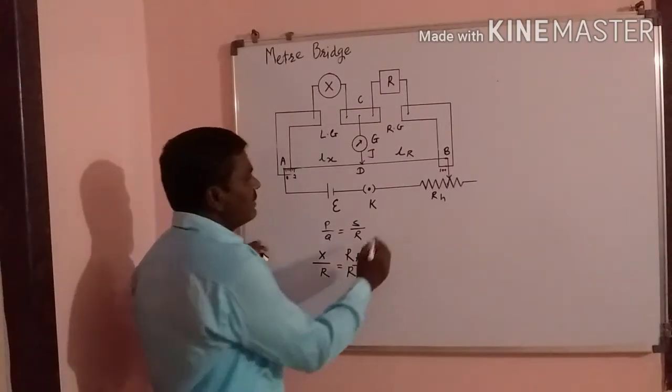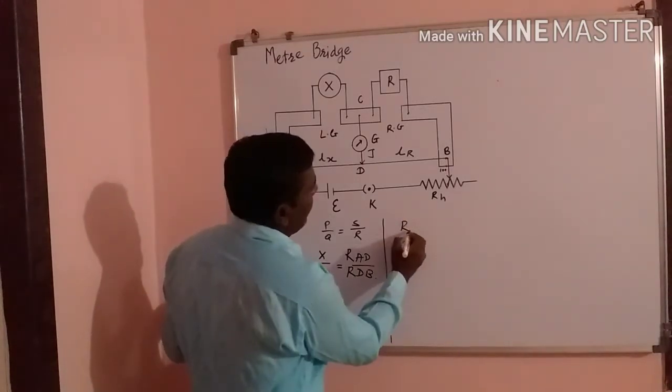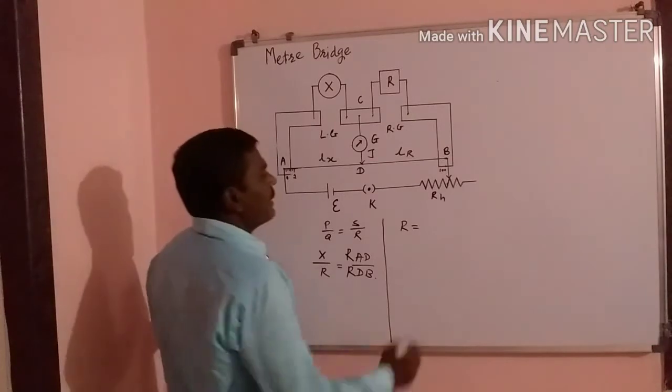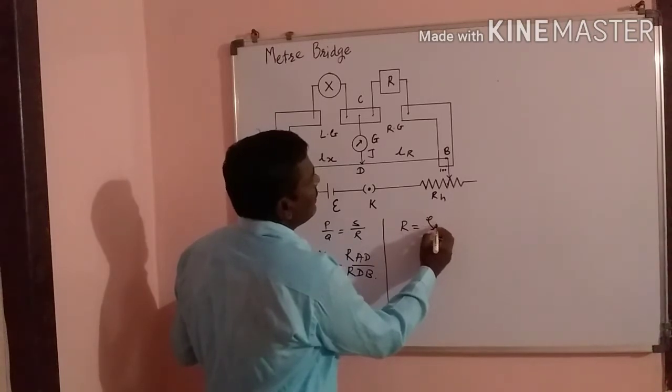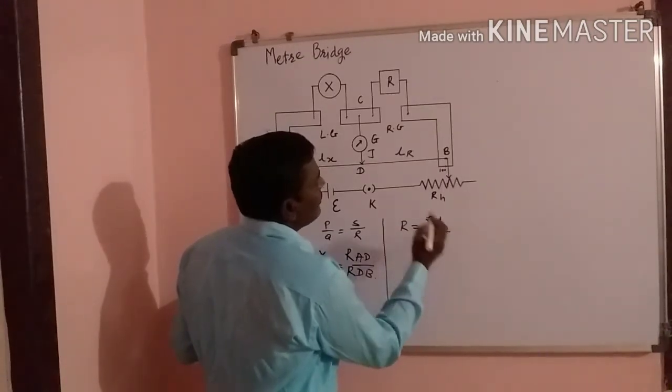In 11th standard we learned that the resistance of a wire is equal to the specific resistance rho, times the length of the wire L, upon the area of cross section.